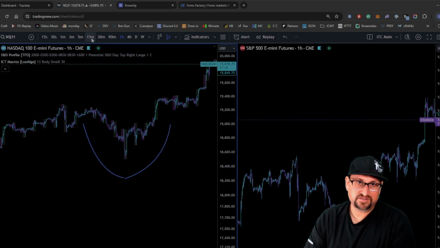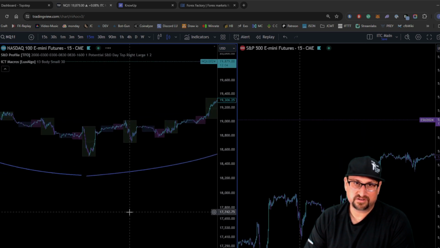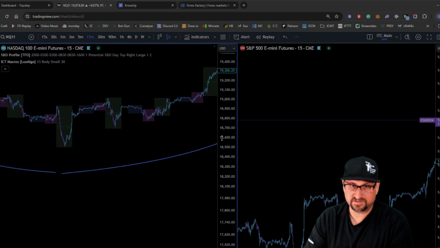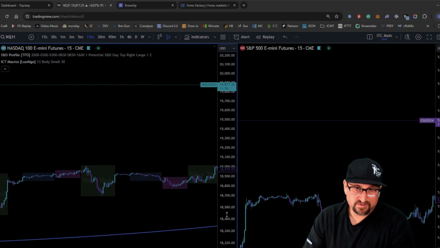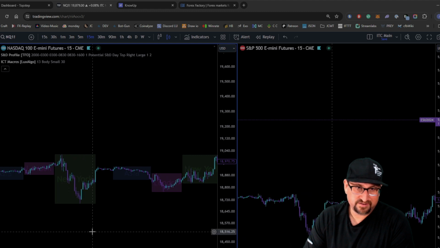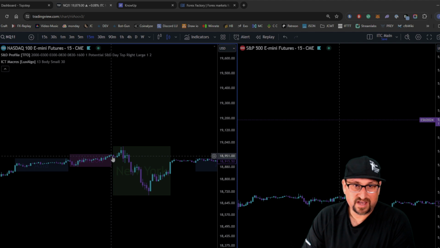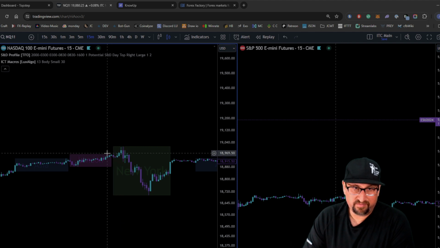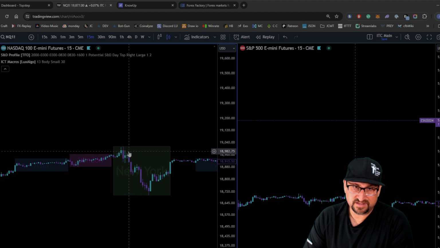If I drop down to like 15-minute, this is where I handle or work with structure. So, for example, we start pushing down, we come into this day, we sweep time-based liquidity by coming up above the Asia and London high, and then we start displacing down.